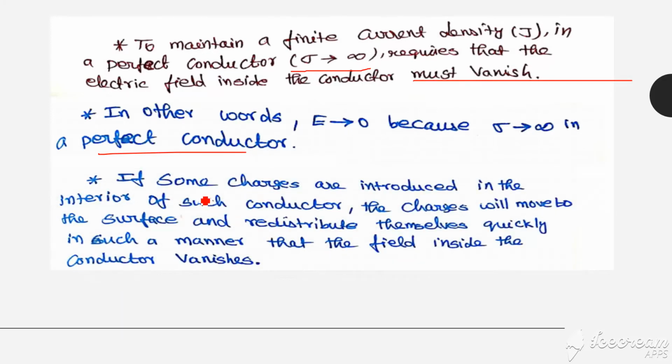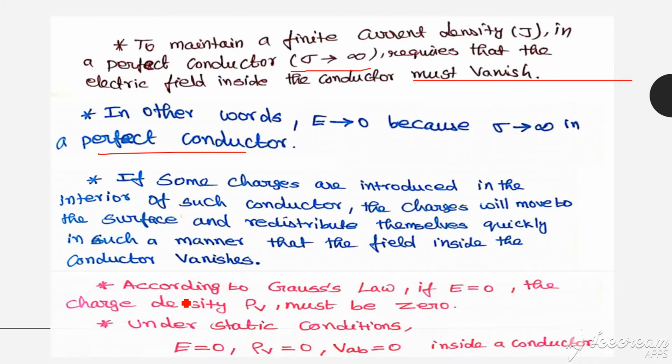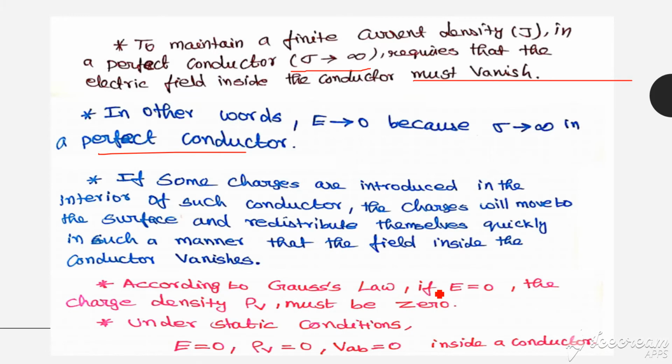If some charges are introduced in the interior of the conductor, the charges will move to the surface and redistribute themselves quickly in such a manner that the field inside the conductor vanishes. So according to Gauss law, if E is equal to 0, charge density rho v must be 0. Under static condition, E is equal to 0, rho v is equal to 0 and V is constant inside the conductor.